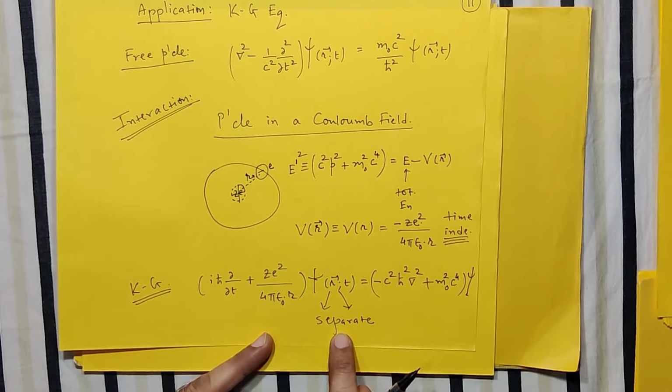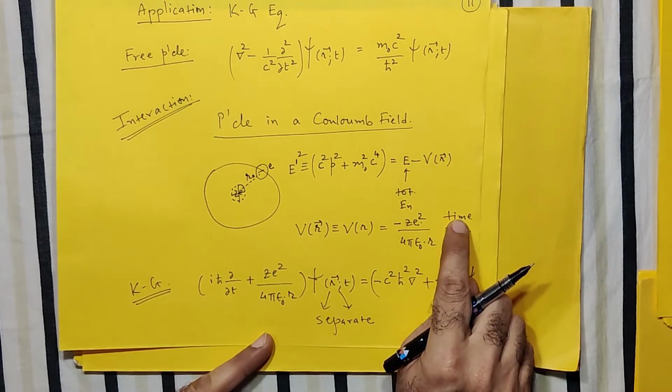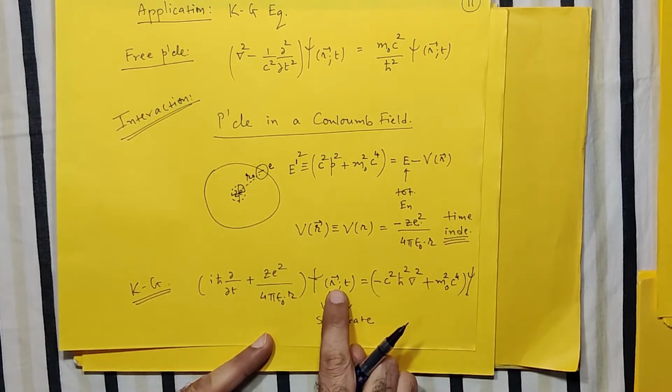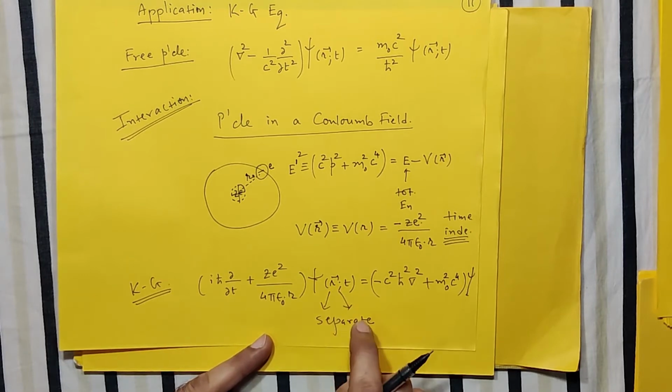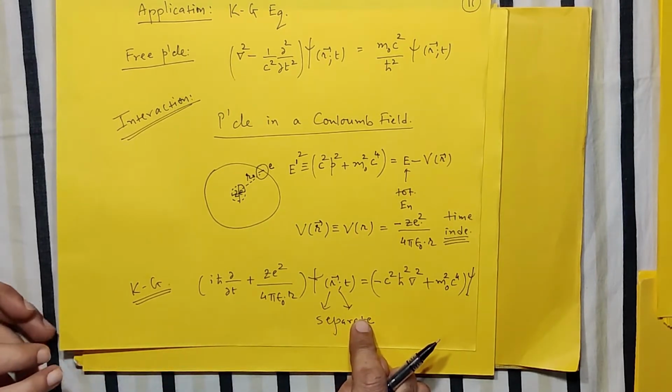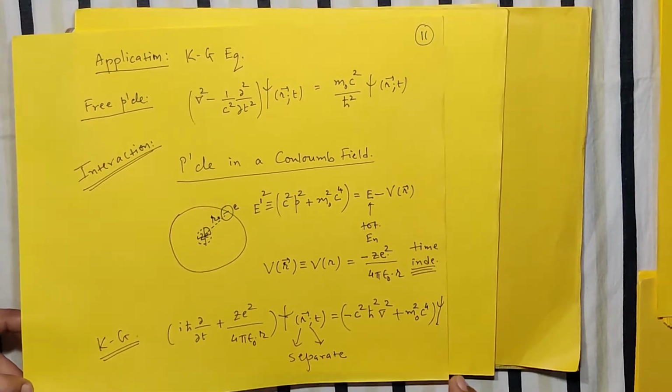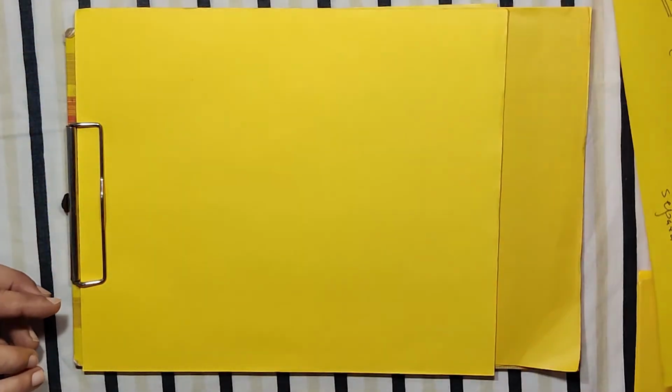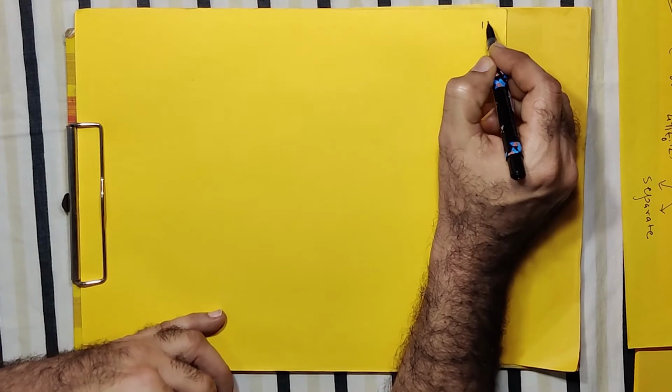So to start this solution, the time independent character of V(r) allowed us to separate this ψ. So I now go with the separation of variables method. I separate my ψ into two parts, an r dependent part and a time dependent part.